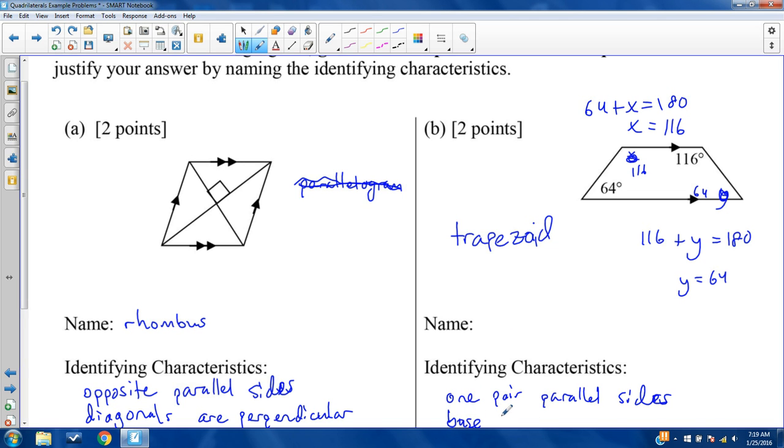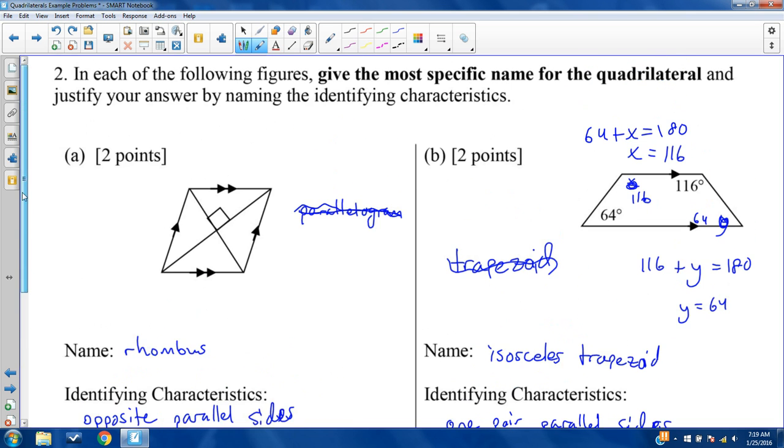So base angles congruent makes it more specifically an isosceles trapezoid. By calling it a trapezoid, I'm sure you'd get some sort of credit, maybe half credit, 0.5 of the 2 points, and you give yourself a reason, but you want to get a little bit more into that and say what specifically it is. Just like we could call all these things quadrilaterals because they all have 4 sides.